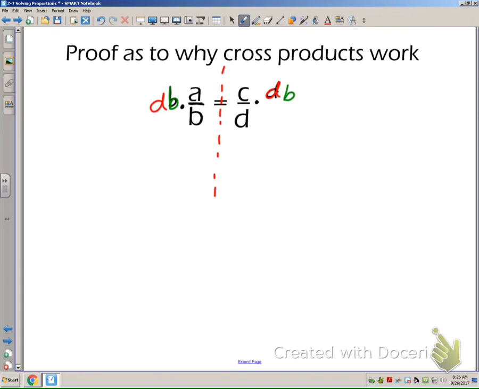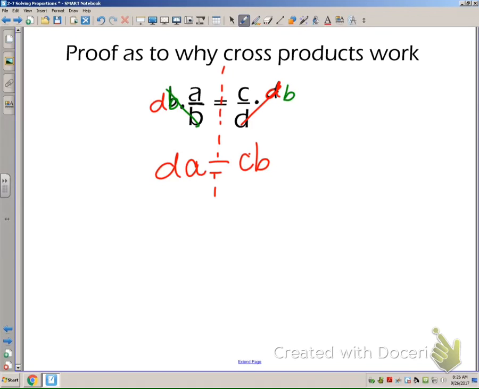equal sign. So what ends up happening is on this side, my B's cancel out. On this side over here, my D's cancel out. I don't really like to say cancel because they don't cancel, but D over D is 1. 1 times anything is just that anything. So I'm left with CB over here, and I'm left with DA over here, which we like to write in alphabetical order.